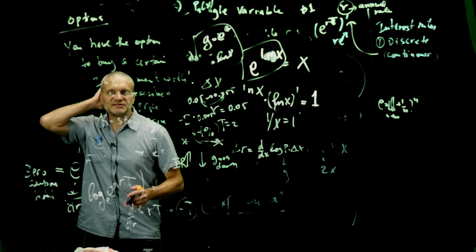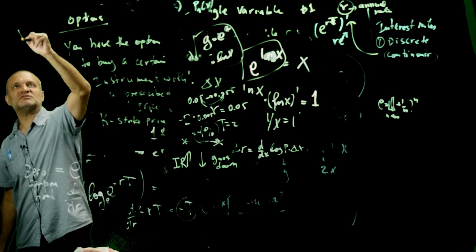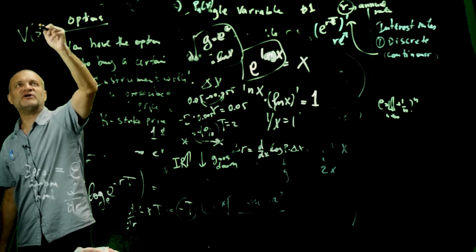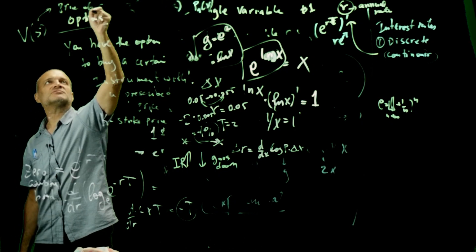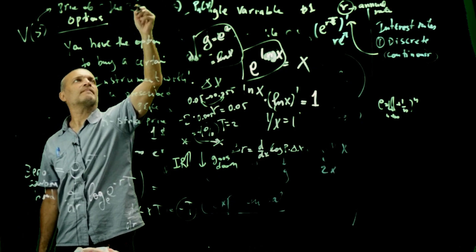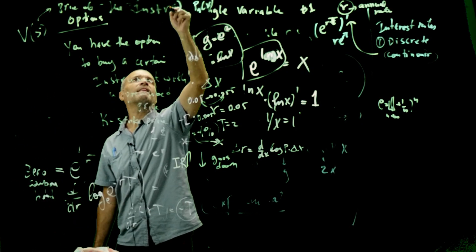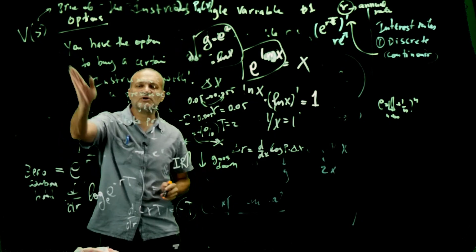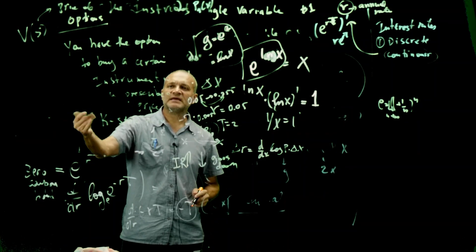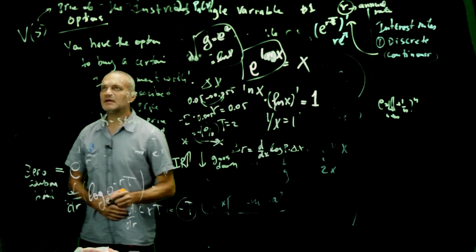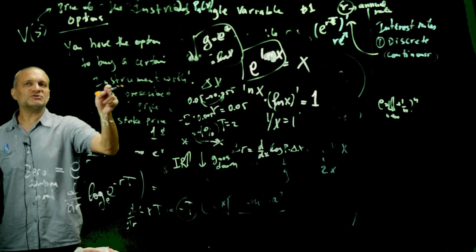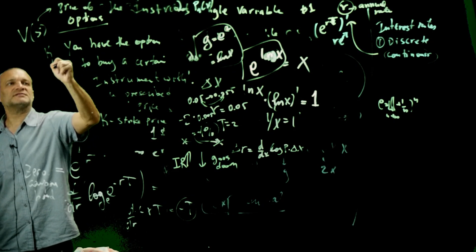Okay? So let's say that your option value is V, and this is a function of S, where S is the price of the underlying instrument. Here you have an instrument that you can buy, and that instrument is called the underlying instrument. The price that you can buy it for is called K. This is the strike price.